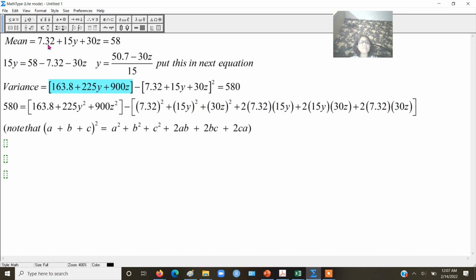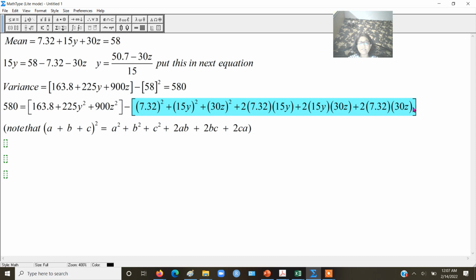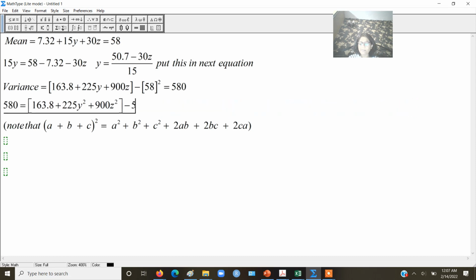So either we can write this expression here, or we know that the value of mean is 58, so instead of writing the complete expression here, we can take advantage and simply type 58 square, which is 58 times 58.